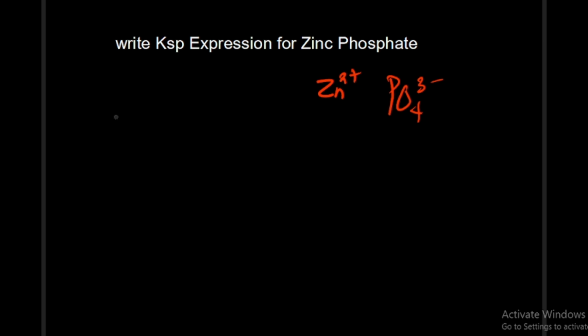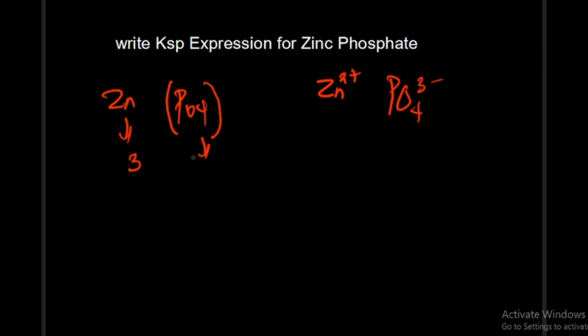Sorry, I don't know why I'm making mistakes. The formula is going to be Zn with 3 here. Then PO4. Remember, it's a polyatomic ion, so it will be in brackets.